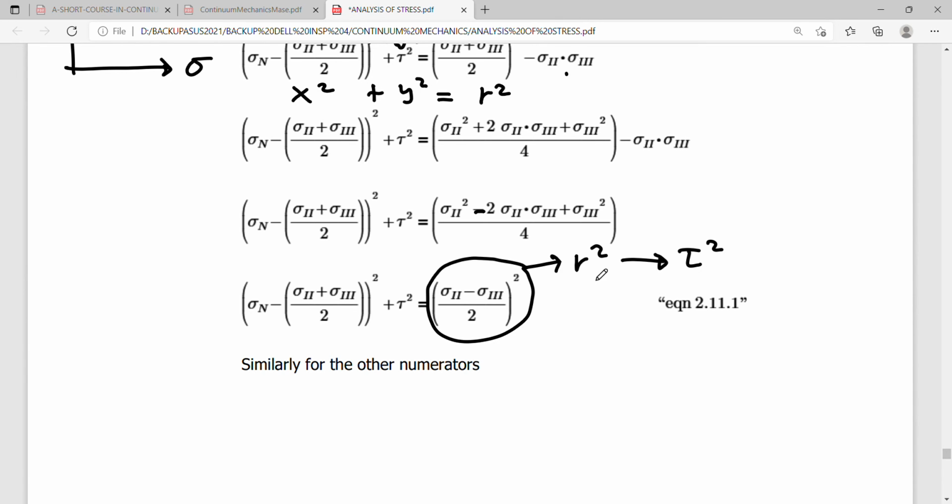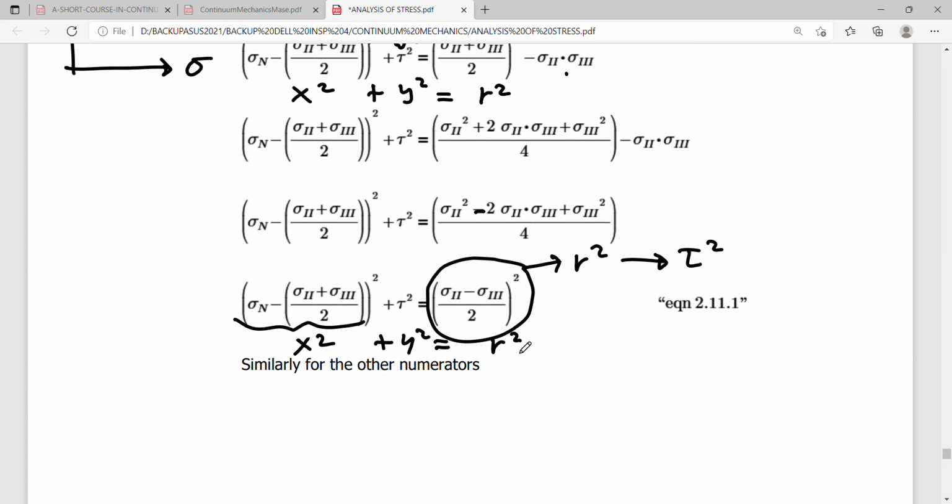If the radius is a maximum radius, then this is also a maximum shear stress. Okay, so this now gives you a perfect equation of a circle that justifies the use of the Mohr circle as a representation of a three-dimensional physical state of stress.